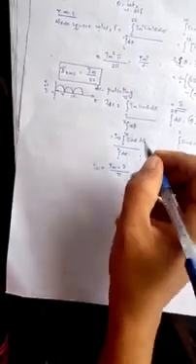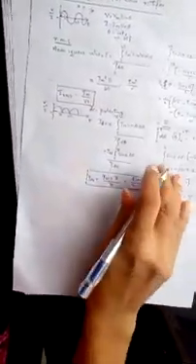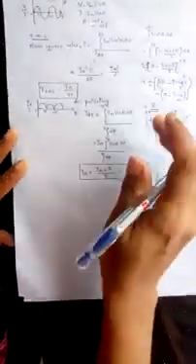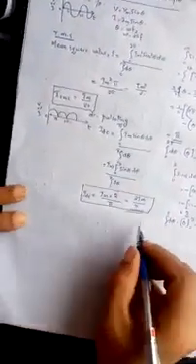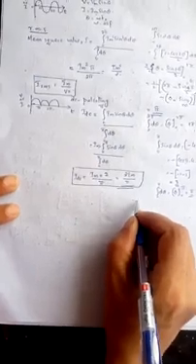So we have got the values of IRMS and IDC. Now next we can come to the case of the output of the full wave rectifier circuit. The full wave rectifier circuit you can draw like this.